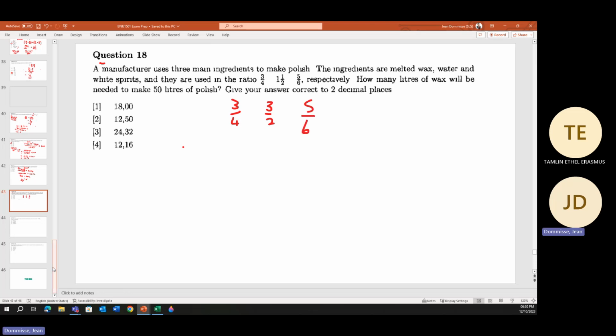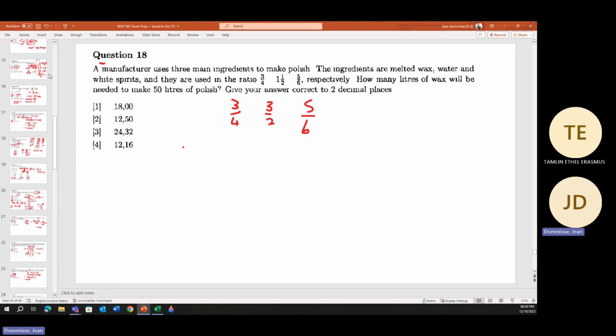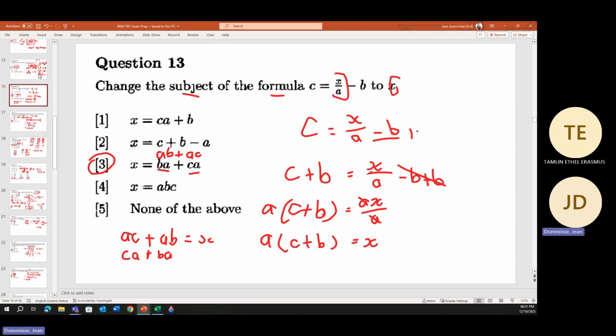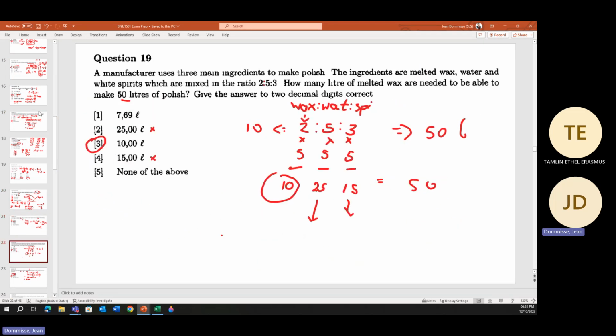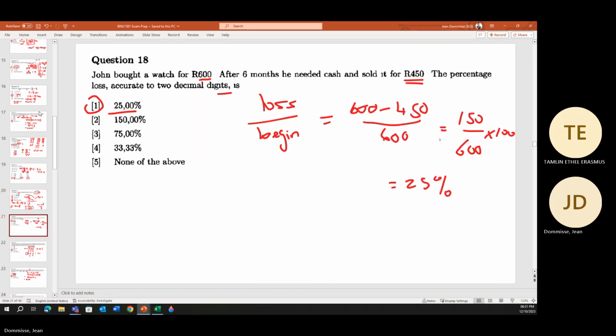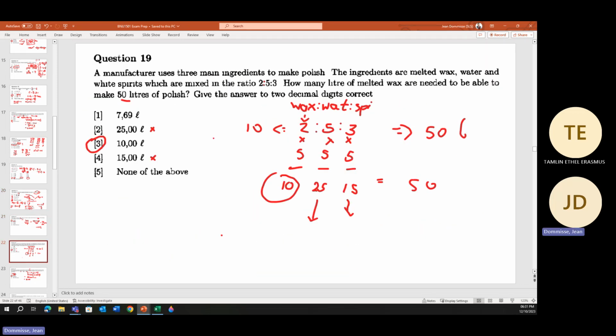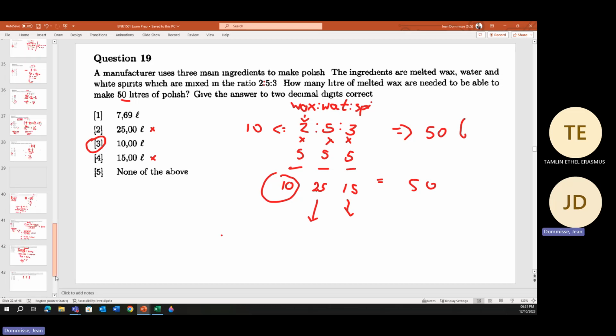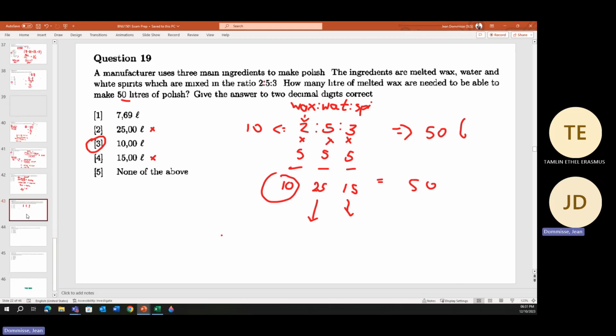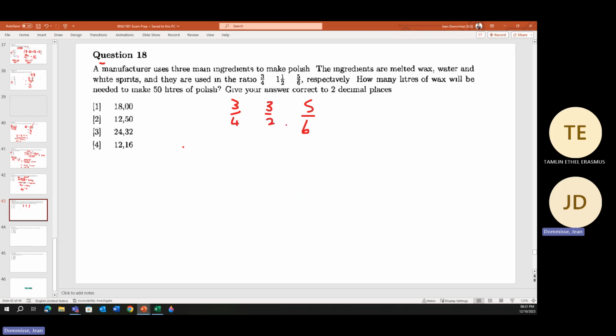Let me check last week. There was exactly the same type of question, the ratio was just different. So one could see a lot of these questions being repeated, but in different ways.